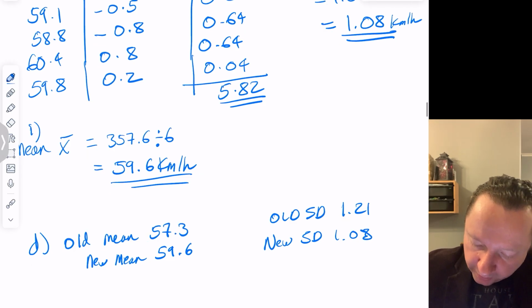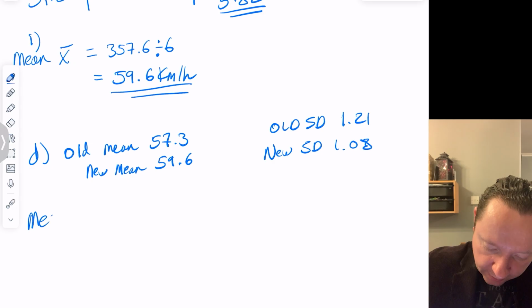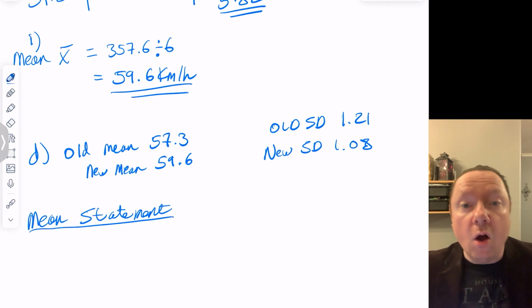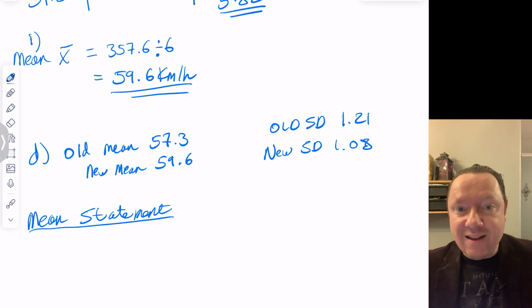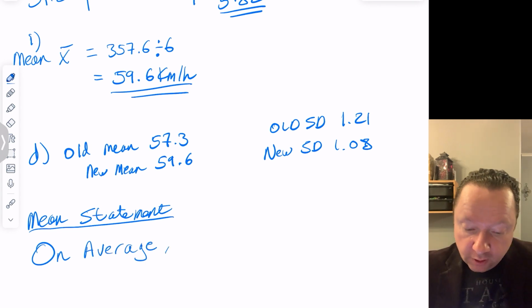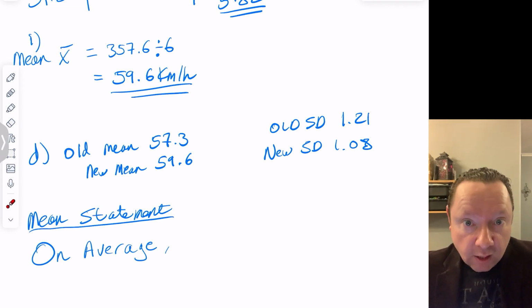Okay, so we're going to compare the mean and the standard deviation. Let's compare the mean first. So our mean statement, you don't have to write that, I'm just writing it for the sake of this video so you can see it very clearly. The word you want is average every single time. So for comparing the mean, you say on average. Always start with that statement, on average. And then all you do is look at the numbers. So I'm just going to go for saying one is bigger than the other.